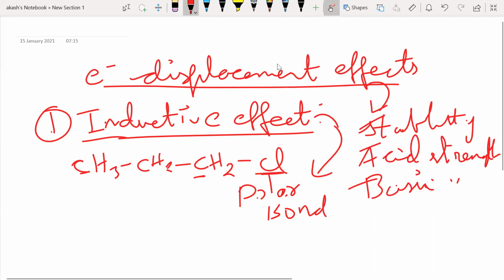What is a polar bond? How do you define a polar bond, people? Answer this question. You tell me, what is a polar bond?